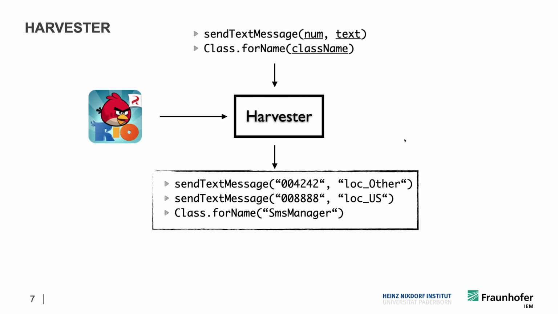And then the idea is that Harvester will do its magic and it will output exactly this for us, right? So it will tell us, for instance, for this app, we have monitored dynamically that there were 2 calls to sendTextMessage, one with this parameterization and the other one with this parameterization. And by the way, we also saw a call to Class.forName where the program tried to load the class SmsManager. And this can then be fed into some other analytics engine, right?